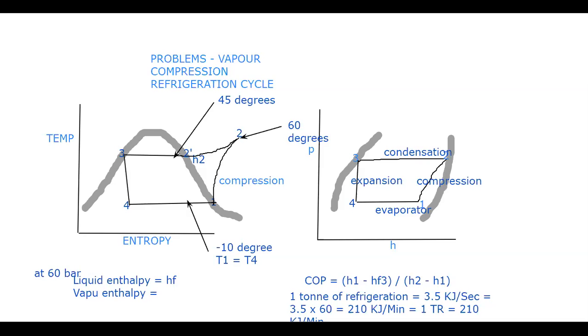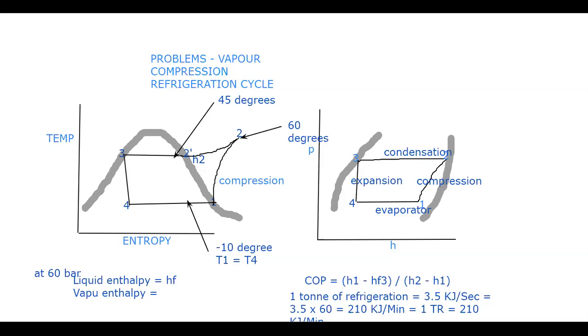The next sheet I have sent. Enthalpies, yeah. So that is HF1, because at minus 10 it is 45.4.